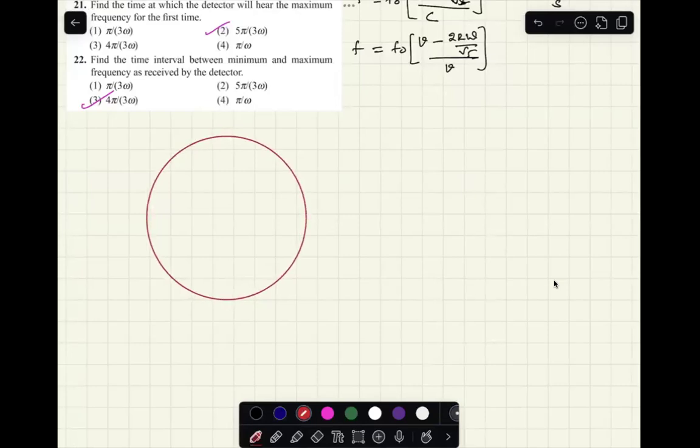Now, this is the circle. Here lies the center. Here lies the source. Now you draw a tangent.